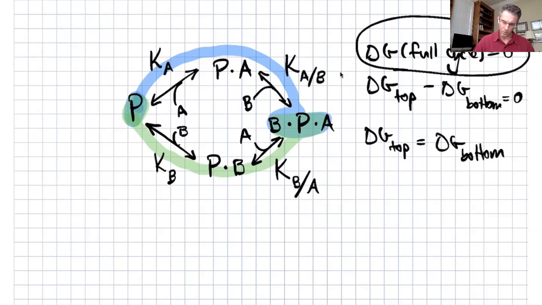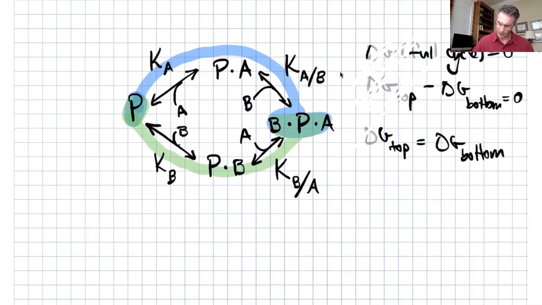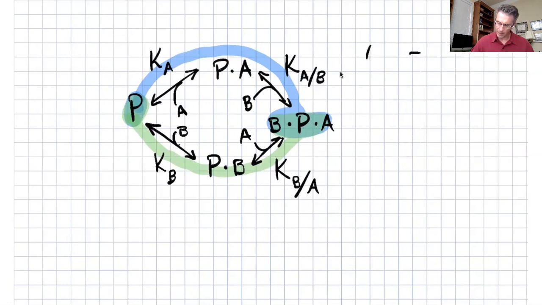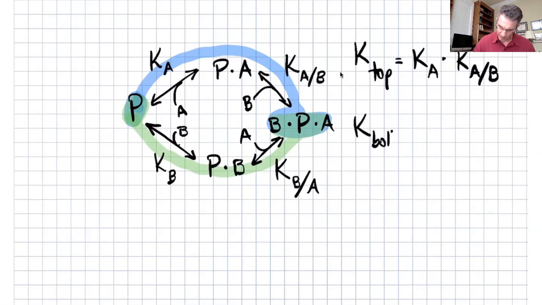What that means, if you were to go through the derivation, is that if you think about the equilibrium constant for this overall process for the top half and the bottom half of the cycle, and you set up the equilibrium expressions and go through the algebra, what you find is that the overall equilibrium constant for the top path, we'll call this K top, is just equal to Ka times Ka over B. The equilibrium constant for the bottom half of the cycle is just equal to Kb times Kb over A.